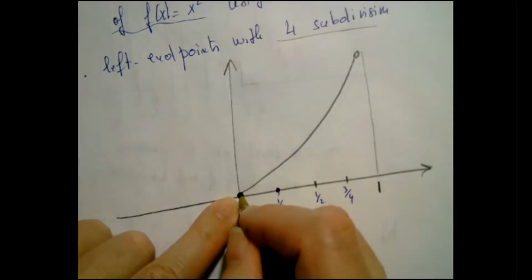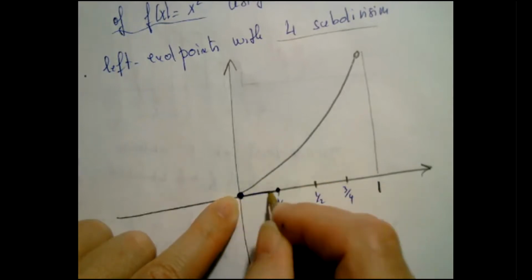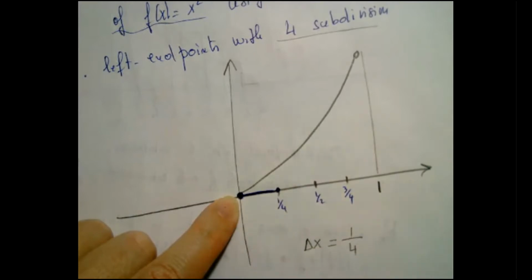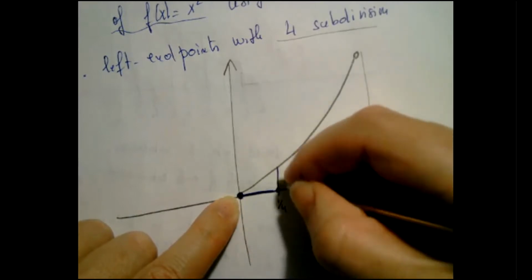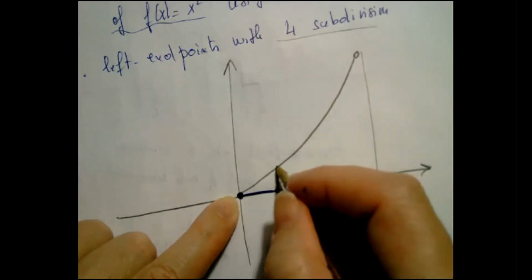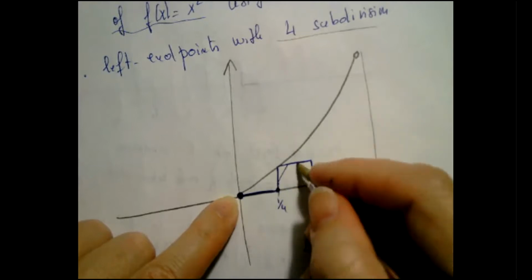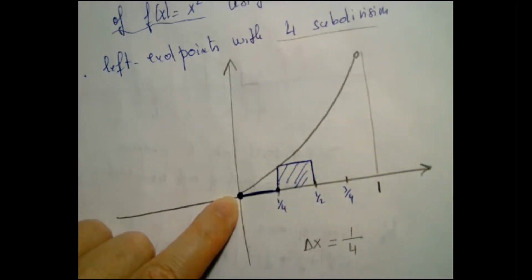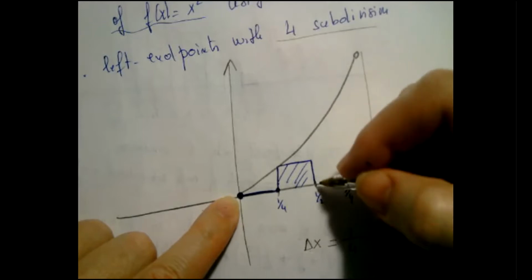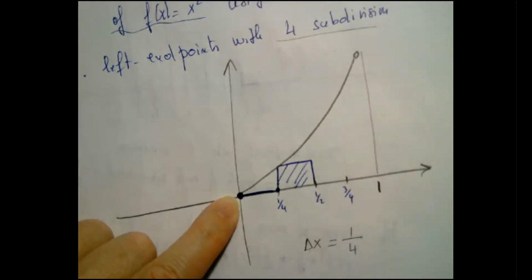So in this particular problem, the value here at 0, so I say, okay, my first rectangle consists of a line. My second rectangle is going to have the value at 1/4 for height, and the width is always 1 over 4. That's my rectangle. Then my third rectangle. So this is the height here.